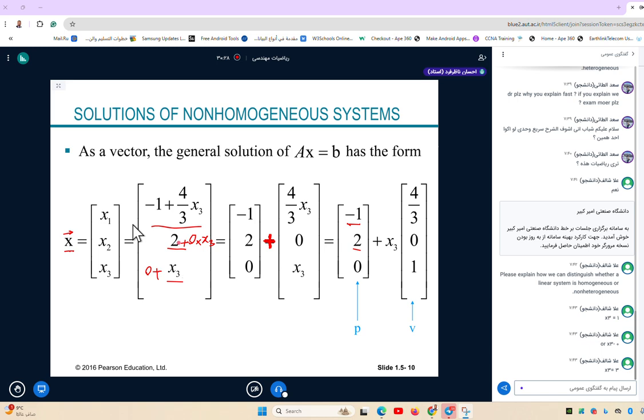So look at this one, brothers and sisters. See, this can be written down or decomposed to this one. Minus 1, 2, 0.